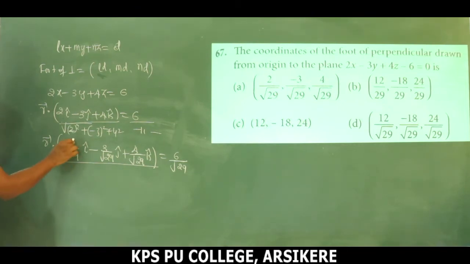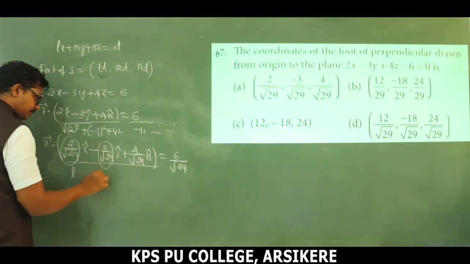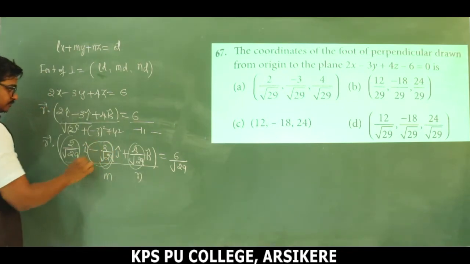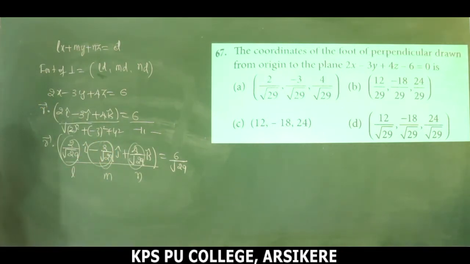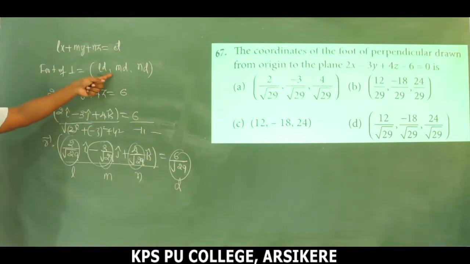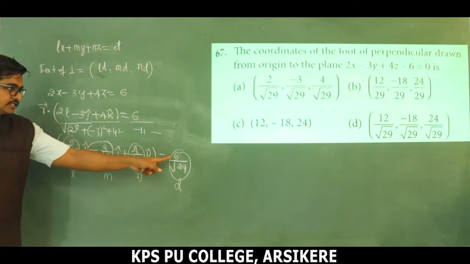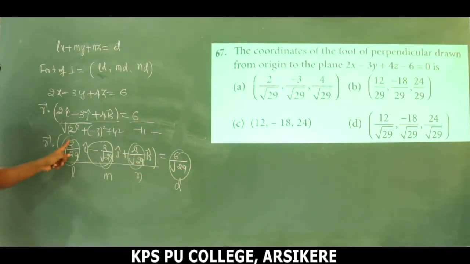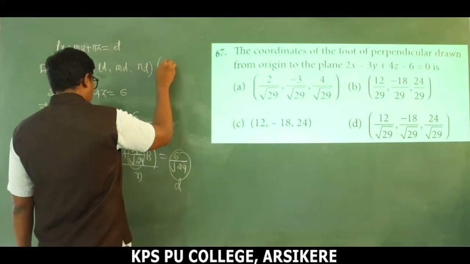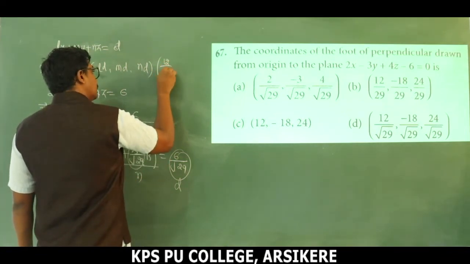This is l, this is m, and this will be n, and this becomes d. What we have to find here is ld comma md comma nd. l is 2 divided by root 29 into d, which is 6 divided by root 29. 2 into 6 is 12 divided by 29.